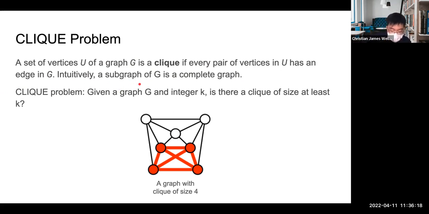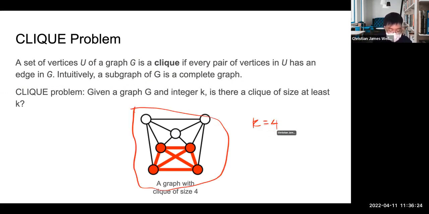For example here, given this graph and k equals 4, is there a subset of vertices that forms a complete graph of at least size 4? There is, over here in this graph. So this is the CLIQUE problem.